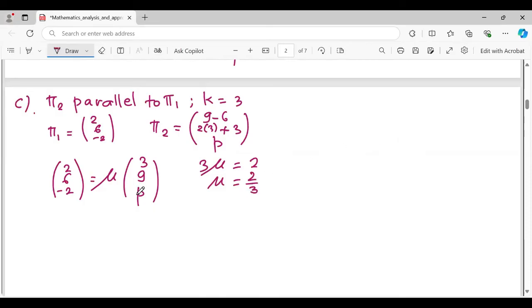And now this one, mu p equals minus 2 based on this equation. So 2 over 3 p equals minus 2. p equals minus 2 times 3 half, so it is minus 3. So p equals minus 3.